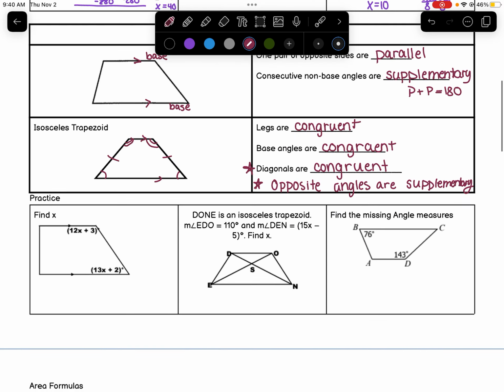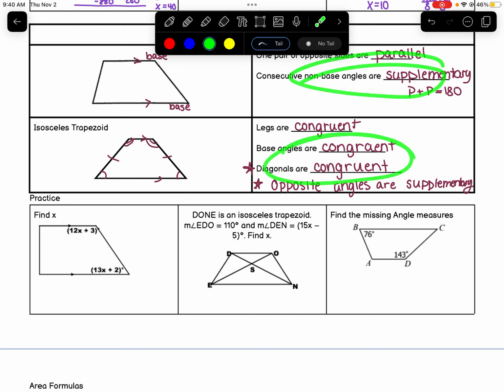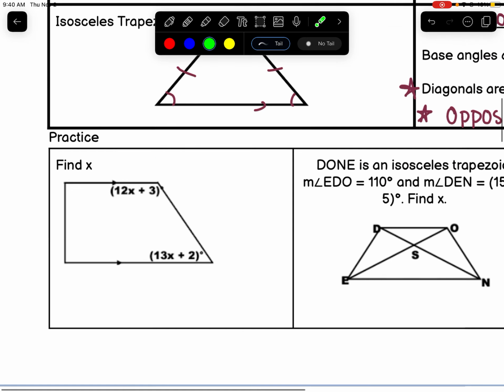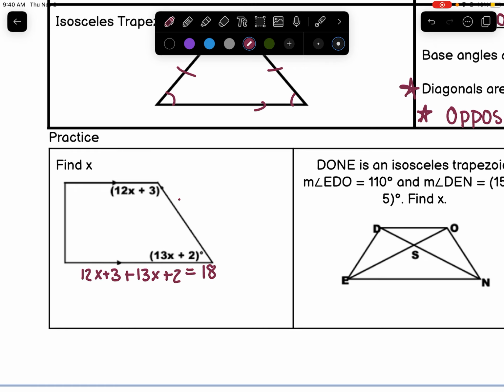All right, so let's apply these properties on these problems. First, I'm going to look at the problem and determine, do I have a normal trapezoid or an isosceles trapezoid? And it's just a plain Jane right trapezoid. So these consecutive non-base angles are supplementary, meaning 12x plus 3 plus 13x plus 5, those two angles add up to equal 180.